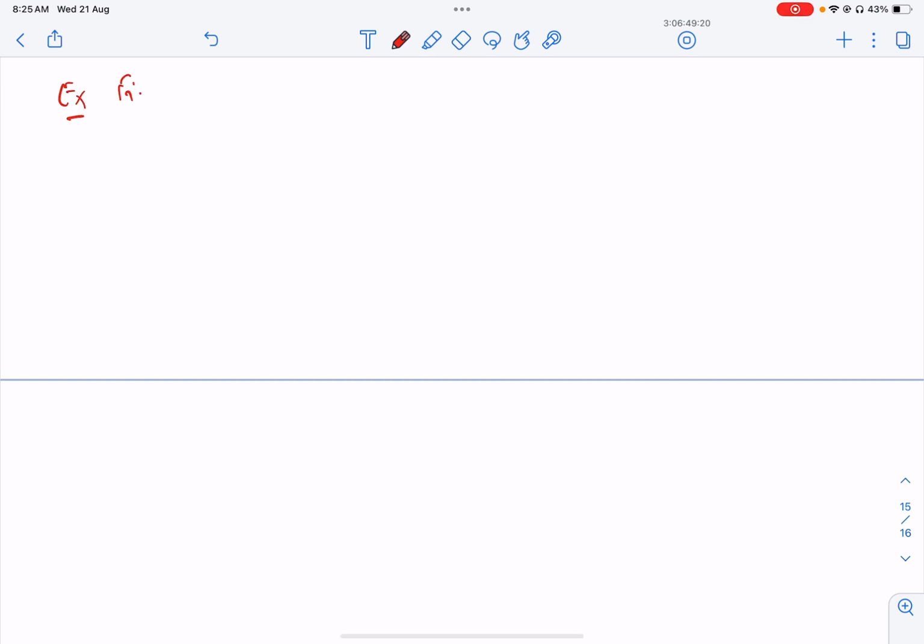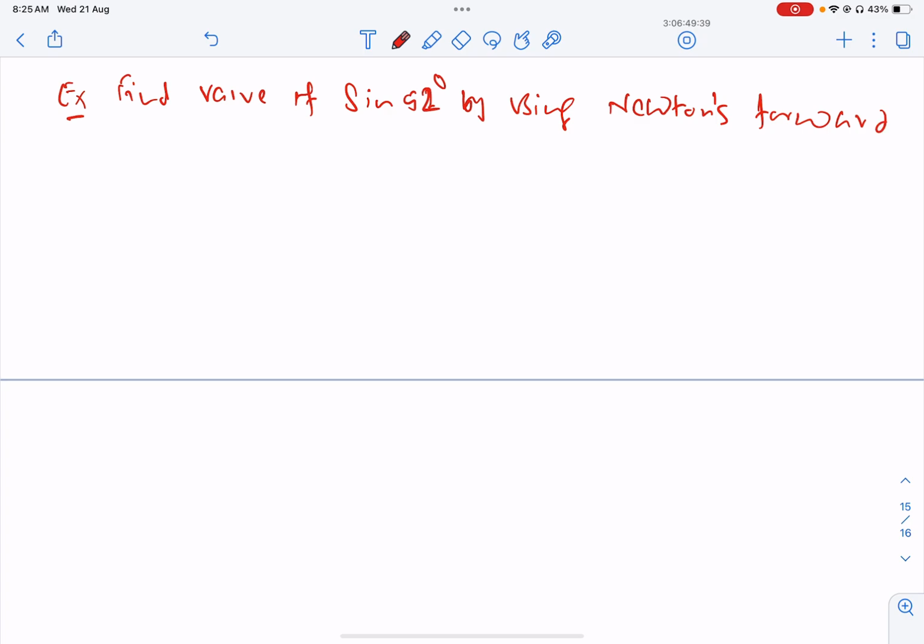Find the value of sine 52 degree by using Newton's forward interpolation formula.